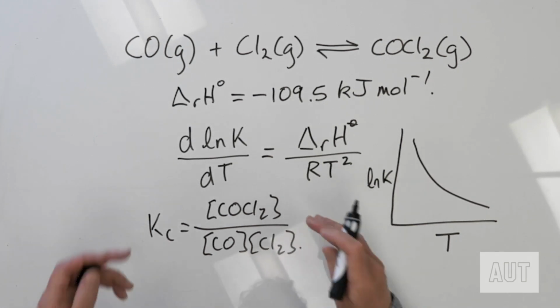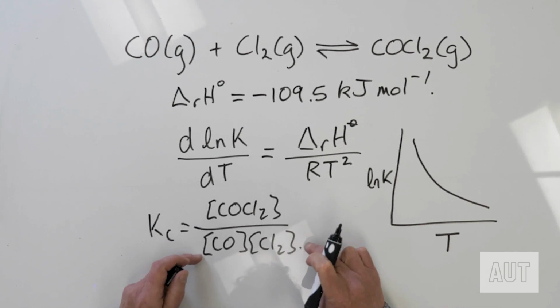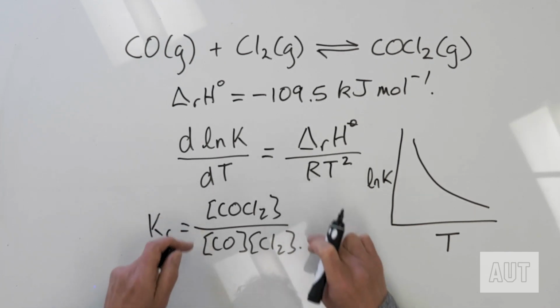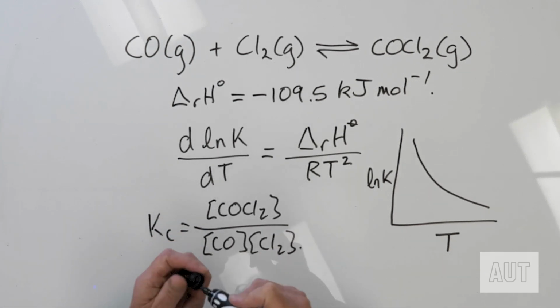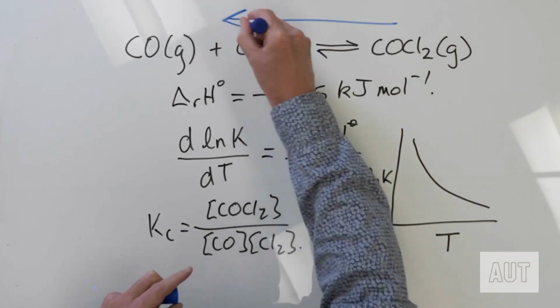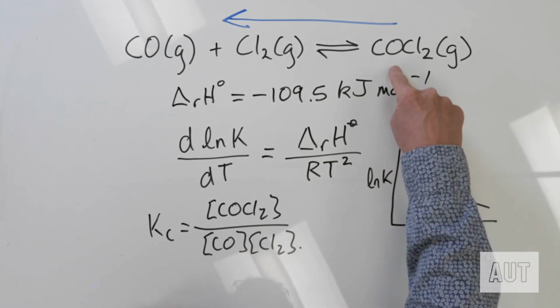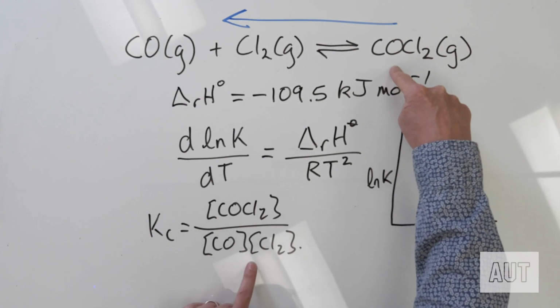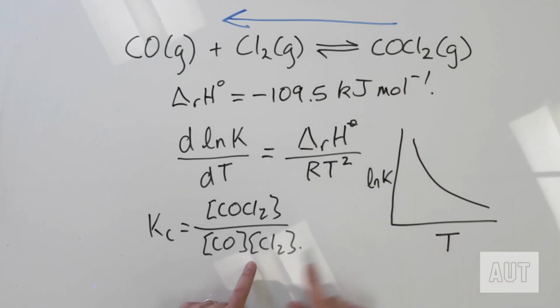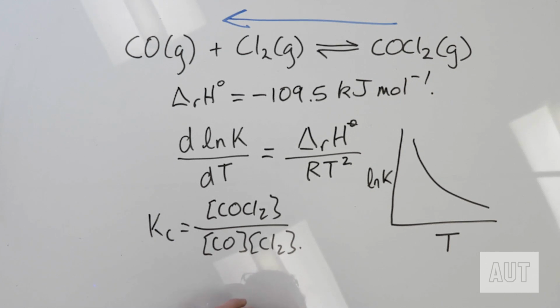That's going to decrease. How do we decrease K? Fewer products, more reactants. Okay? That's going to decrease K. If we heat up this equilibrium mixture, it is going to go in that direction. It's going to go back towards reactants. So if we want to make lots of phosgene, the thing not to do is to heat this reaction up, because it won't work. It's going to push the equilibrium the wrong direction.